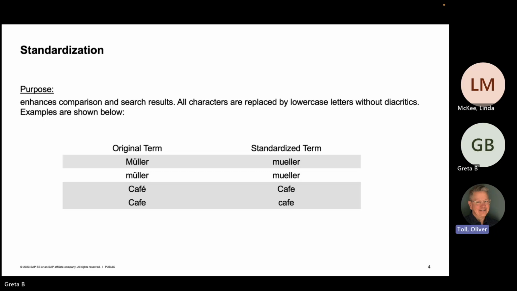You may see in these examples that the German umlauts are adjusted, and the French accents and the Danish or Norwegian crossed out O is also converted into a standard O. Finally, it is possible to get a 100% match when comparing two unequal terms because the standardization process returned two identical terms.